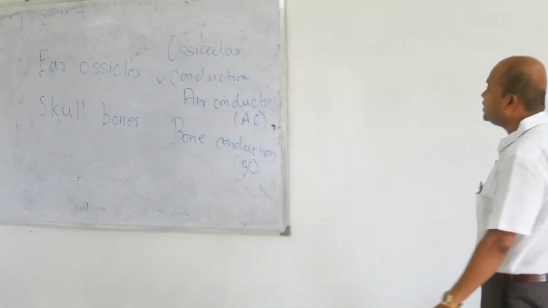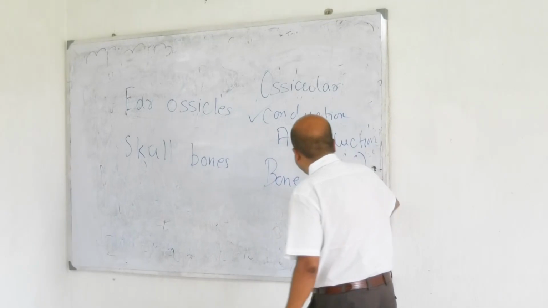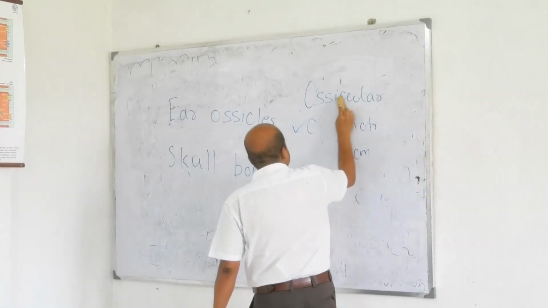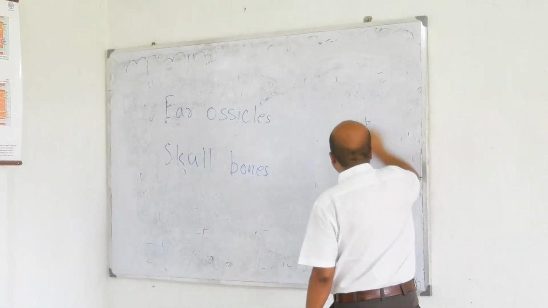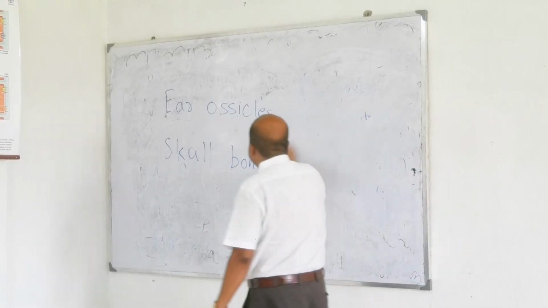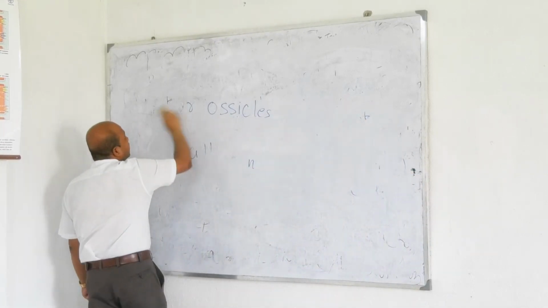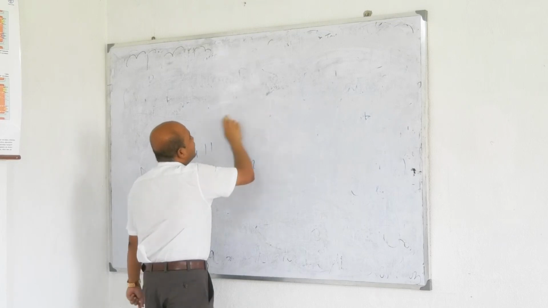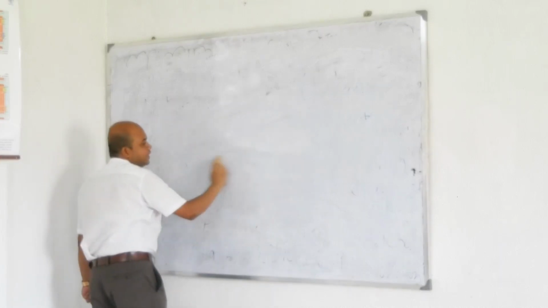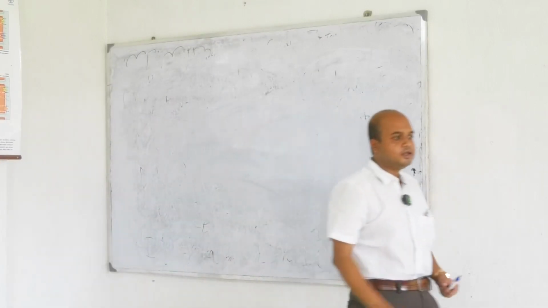So, the principal route is, if everything is okay in a normal healthy ear, air conduction takes the upper hand, and it lasts for a greater time than bone conduction.